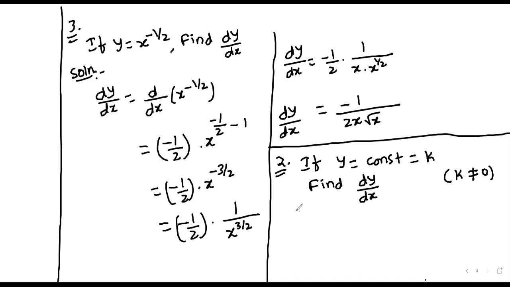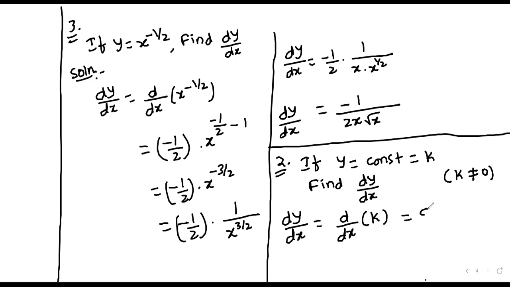Now dy by dx is equal to d by dx of k. Now I want to write this k in terms of x.